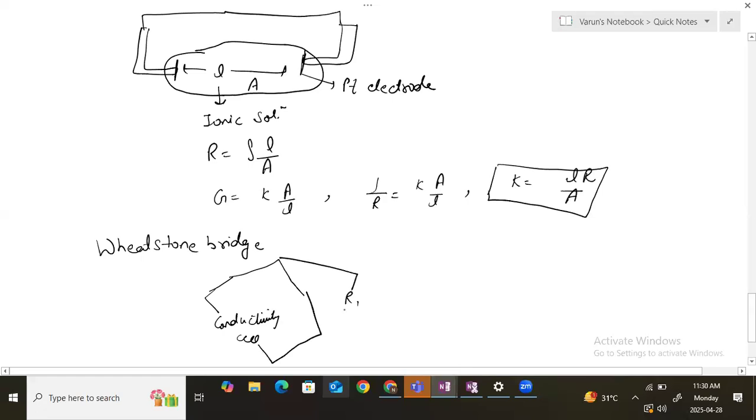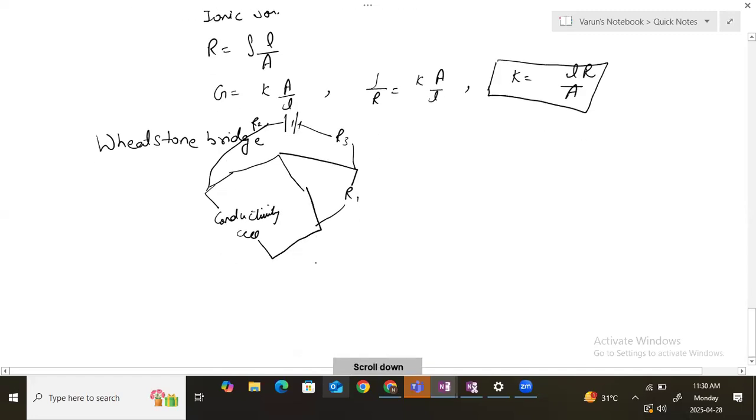One resistance is R1, R2 is this, placed by a battery, R3 is this. So if I say that R is the resistance of this conductivity cell, there will be some resistance for this conductivity cell, as we have placed the solution in.